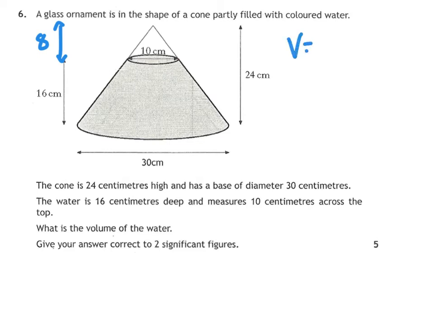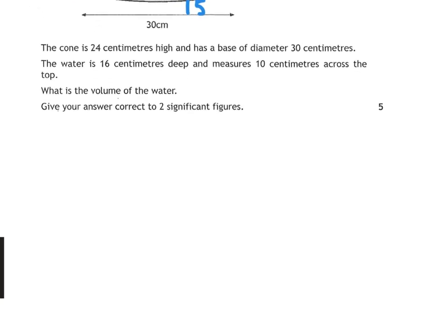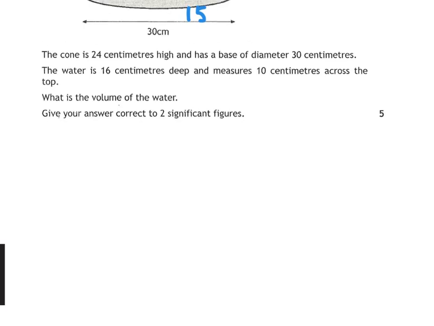Now, formula for a cone is 1/3 pi r squared h. So I need the radius for each of them. So the small cone has got a radius of 5, and the big cone has a radius of 15. So I'm going to come down and do the work in here. I'll do the big one first. Volume is 1/3 pi r squared h.